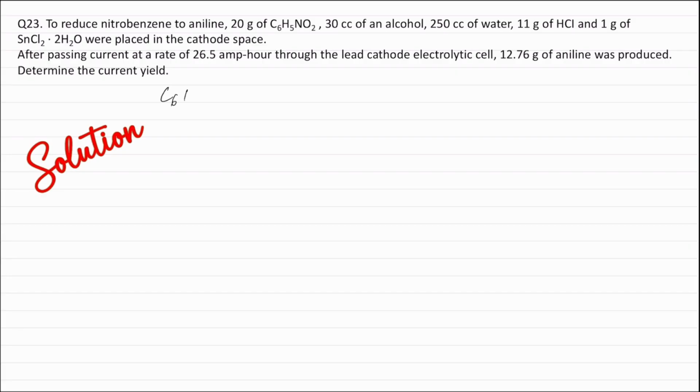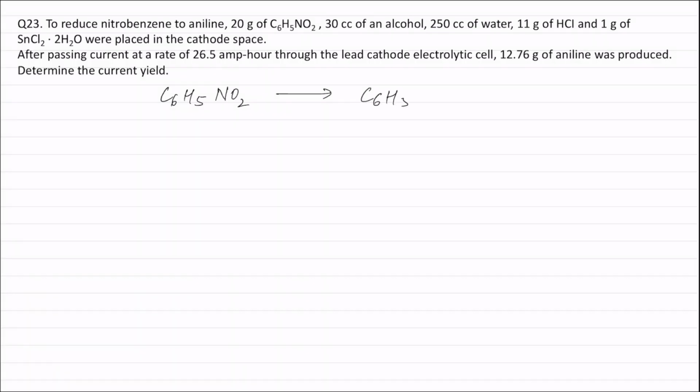Now nitrobenzene, that is C6H5NO2, changes to aniline, that is C6H5NH2. The oxidation number of nitrogen in C6H5NO2 is +3 and the oxidation number of nitrogen in aniline is -3.